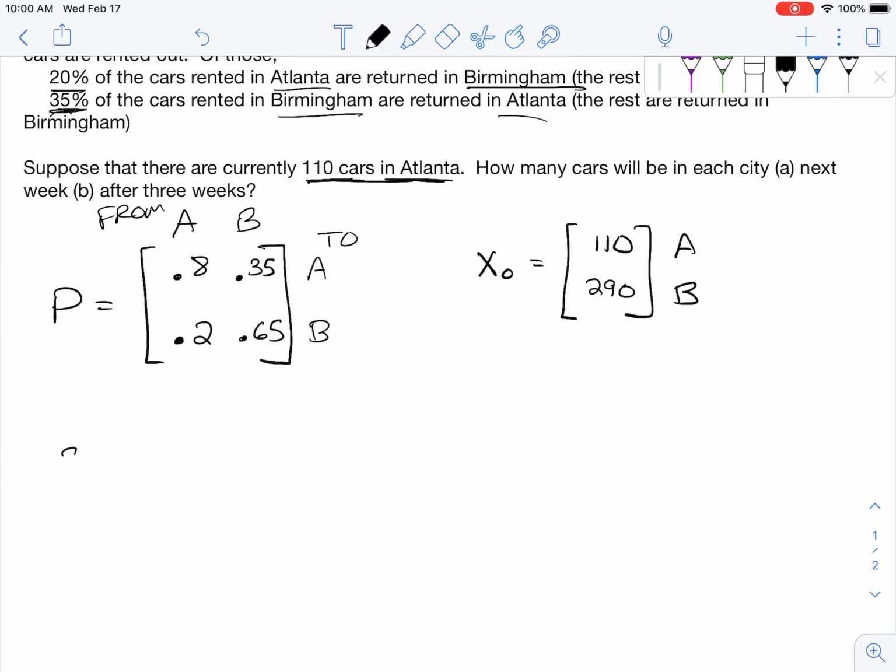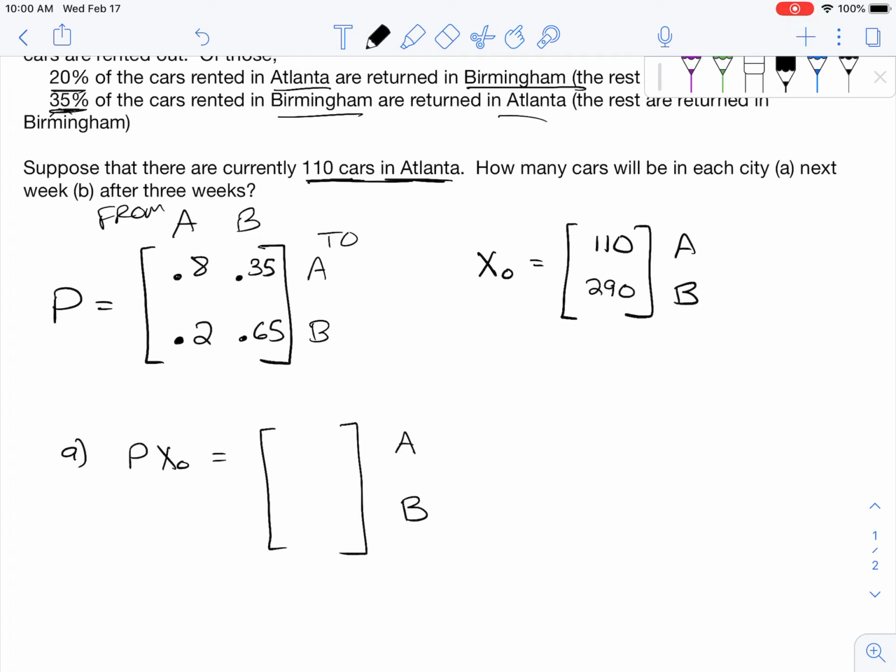So to answer part A, how many cars will be in each city next week, what we have to do is multiply P times X0, and that's going to give us the number of cars that are in Atlanta and Birmingham during next week. Now I'm going to type that into Octave, so I've got 0.8, 0.35, 0.2, 0.65.